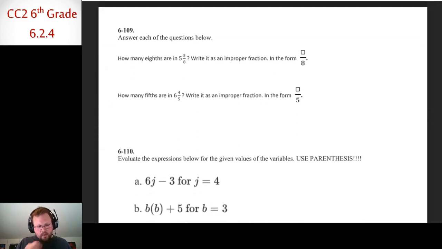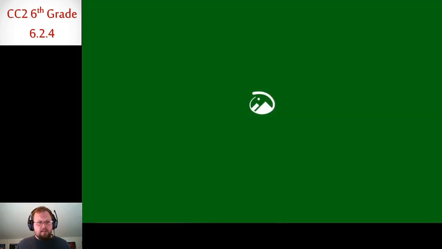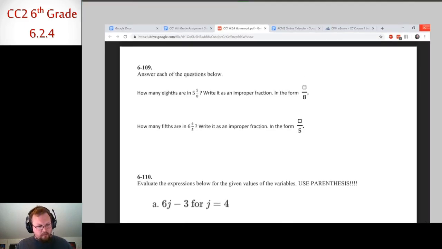On 6-109, this is another way to think of changing these things to improper fractions. So when it says how many eighths are there in 5 5/8, 5 is the same thing as 5 copies of 8/8.